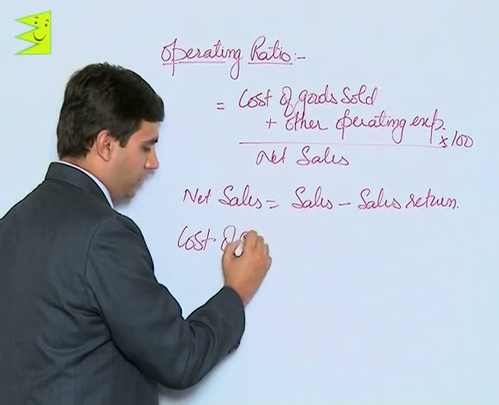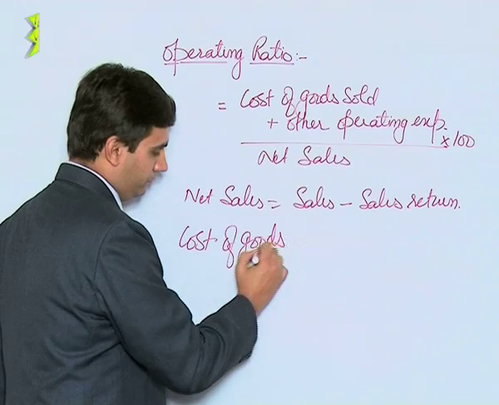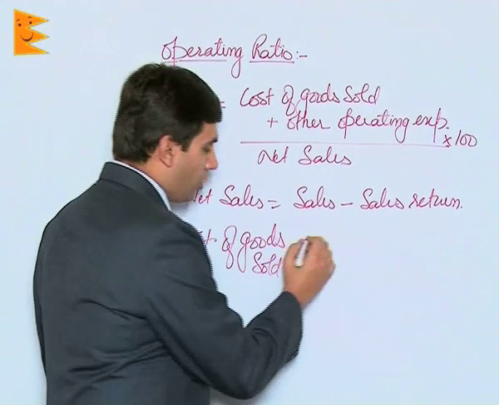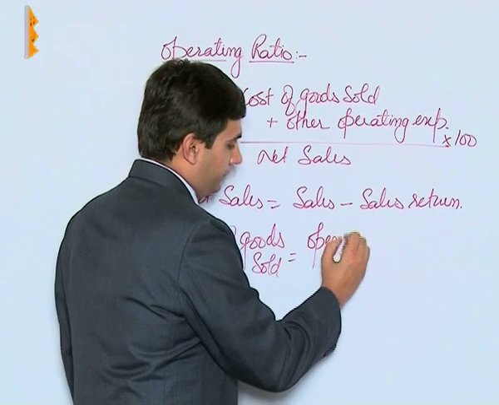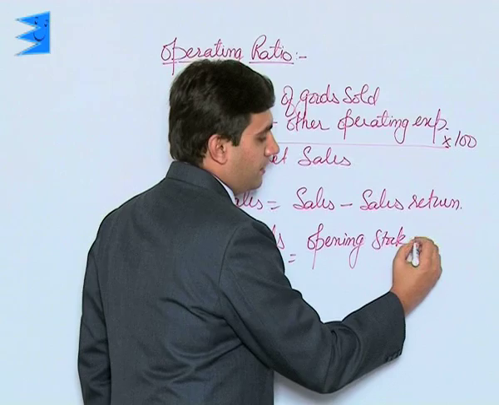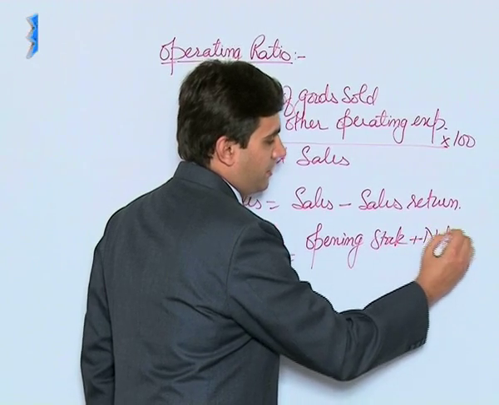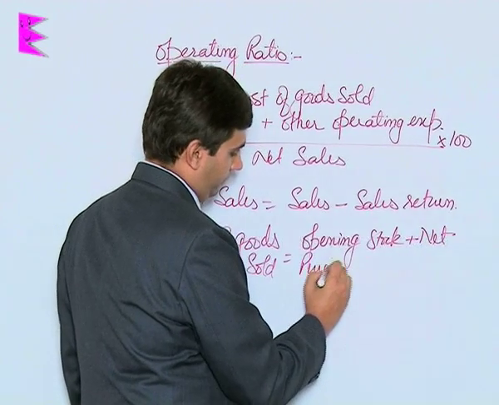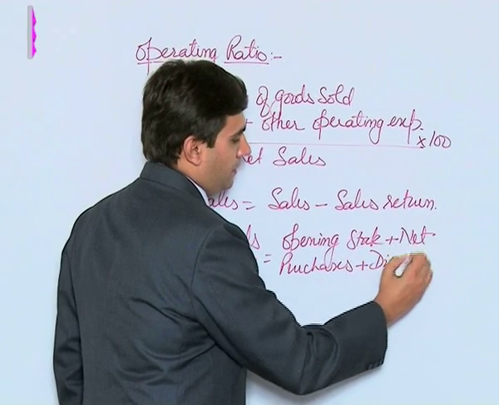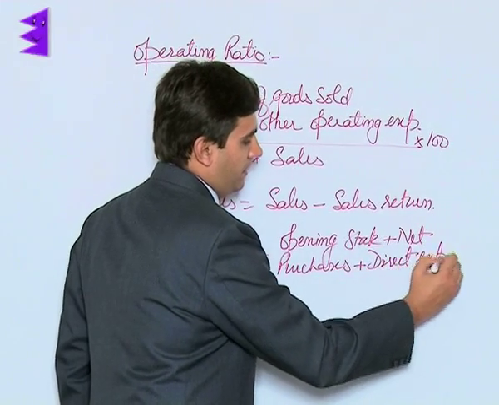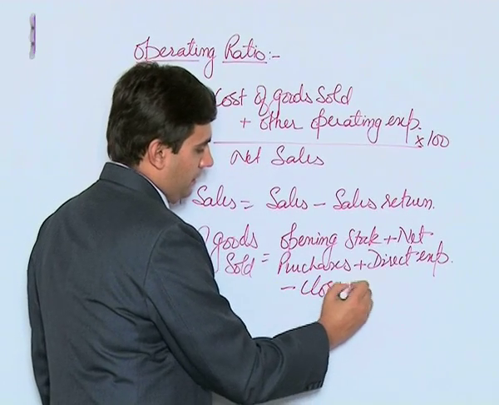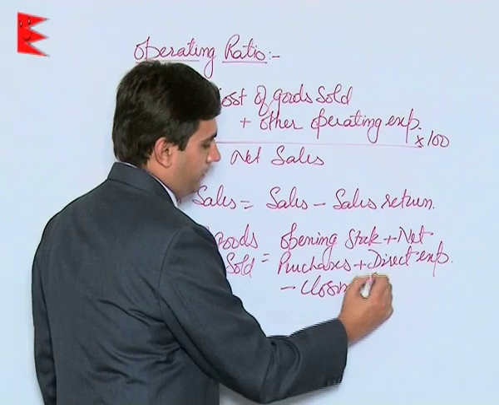Cost of goods sold is equal to opening stock plus net purchases plus direct expenses minus closing stock.